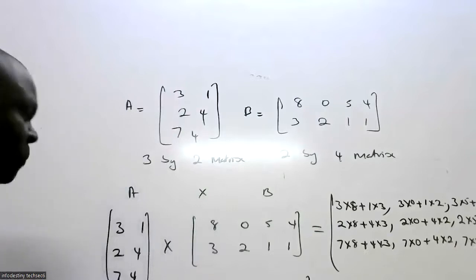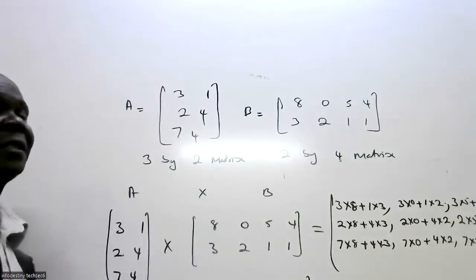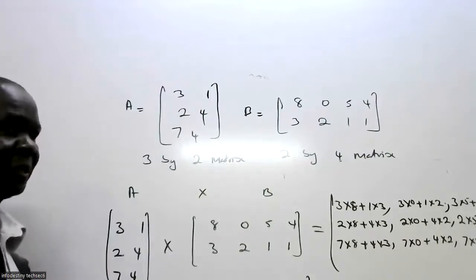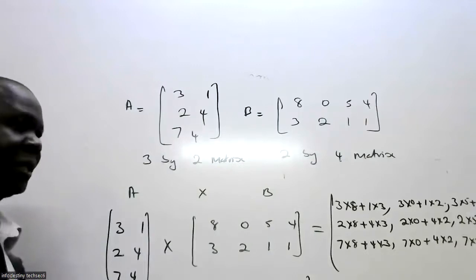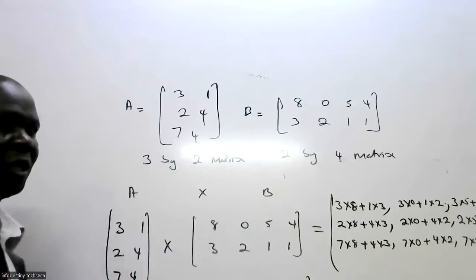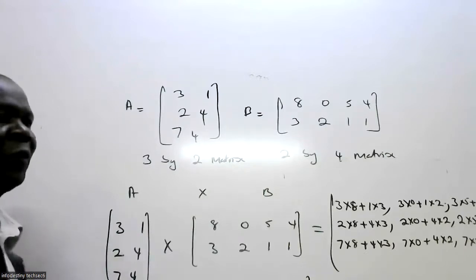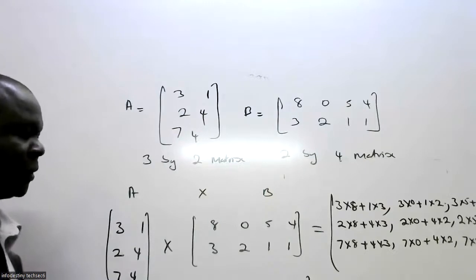So I want you to observe this new matrix and look at the first matrix. When you look at the first matrix and the new matrix, the row of the first matrix will be equal to the row of the new matrix. I hope you are getting that point.